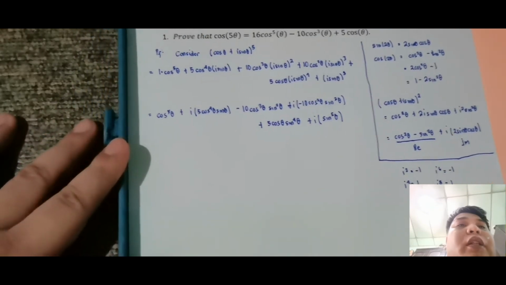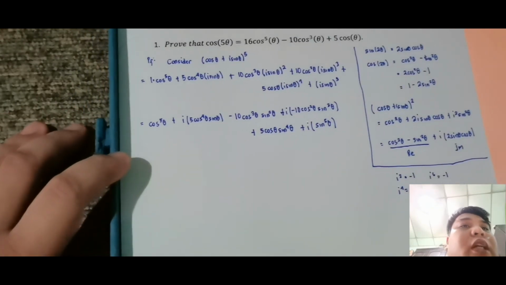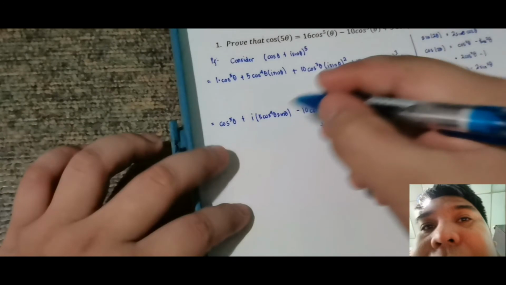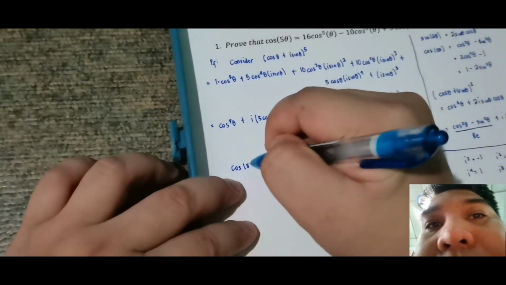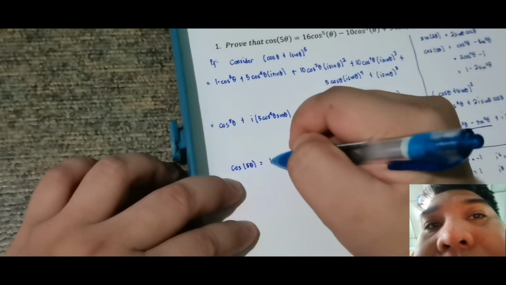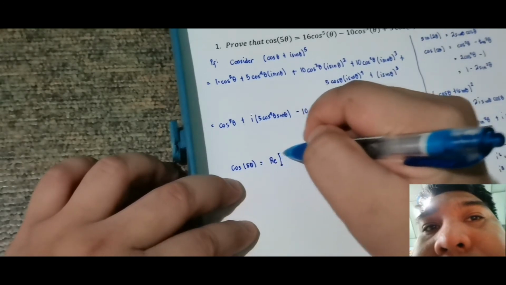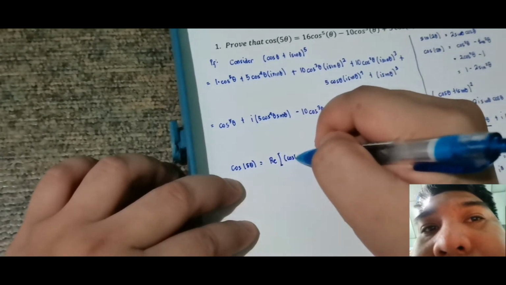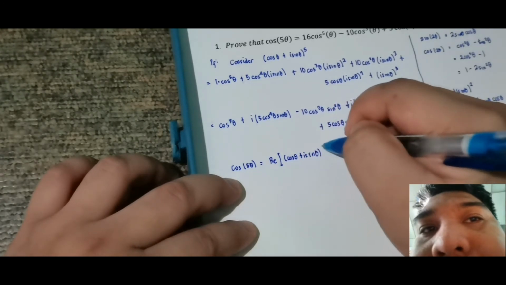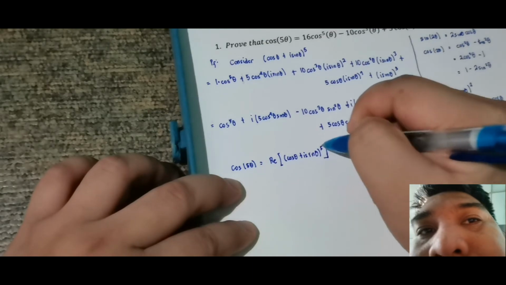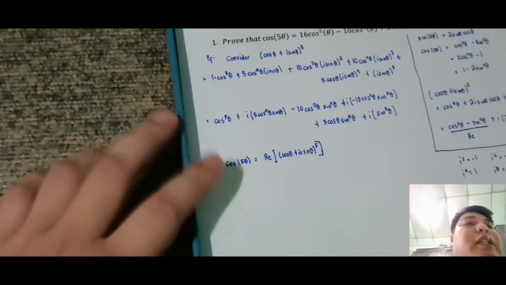Ngayon, ang goal natin, kukunin kasi natin yung cosine 5 theta. So, ang sabi, cosine 5 theta is equal to the real part nung cosine theta plus I sin theta raised to 5. Okay? So, ngayon, hahanapin natin dyan yung mga walang I. So, sino yung mga walang I dyan?